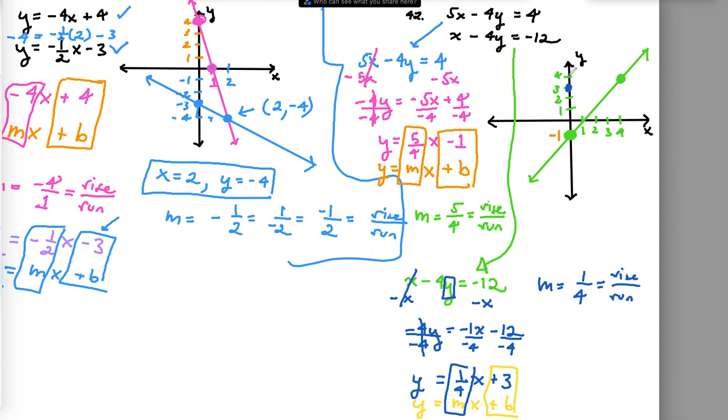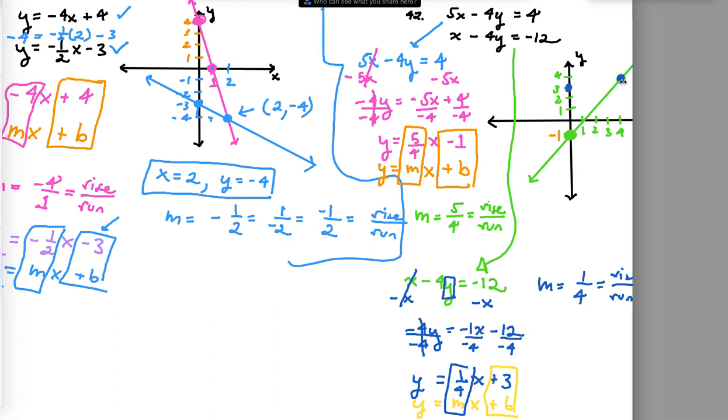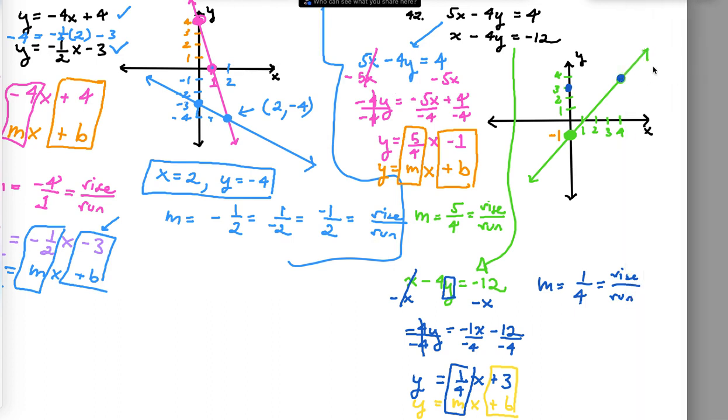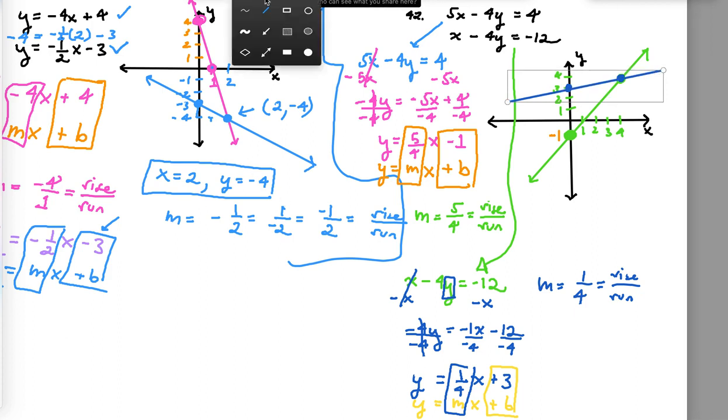I go up 1 and then over 4: 1, 2, 3, 4. This is my other point. My line looks like this, and I can clearly see where these two lines intersect. They intersect at that point right there.